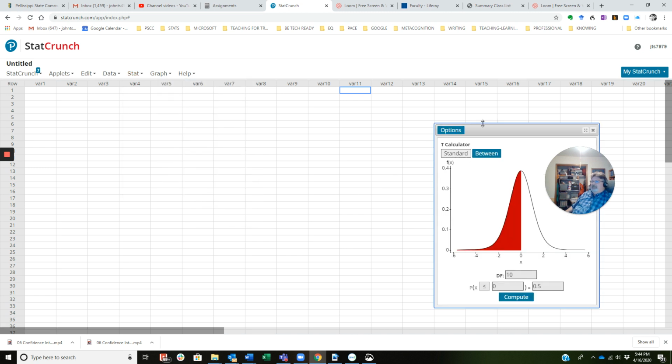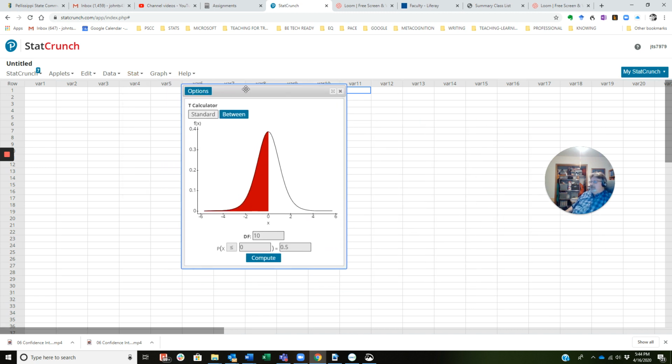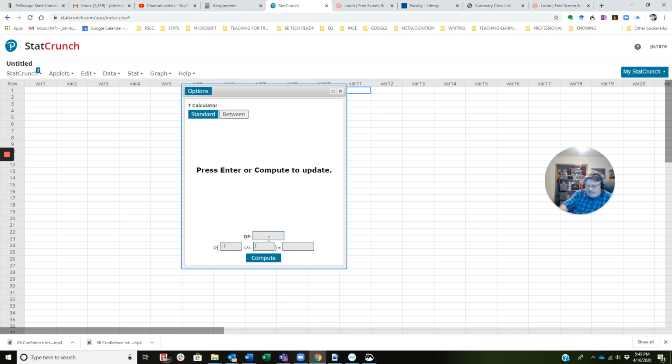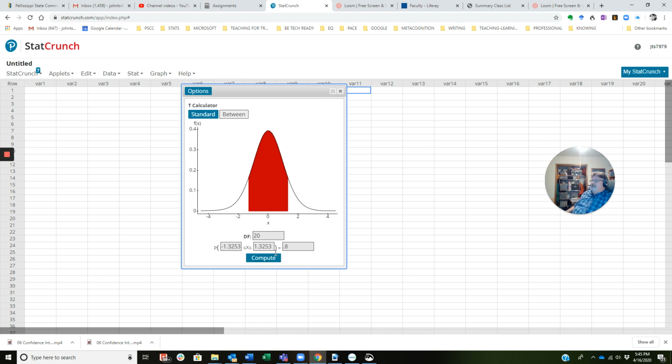When I open that up, I'm going to use between, and this was going to be 20 for the degrees of freedom, and this was 0.8. And when I click compute, there is 1.3523, which is my critical value for a 0.8 confidence level.